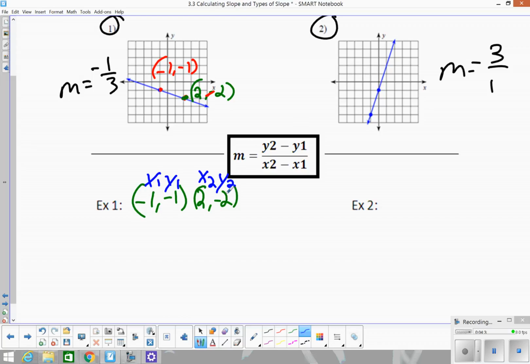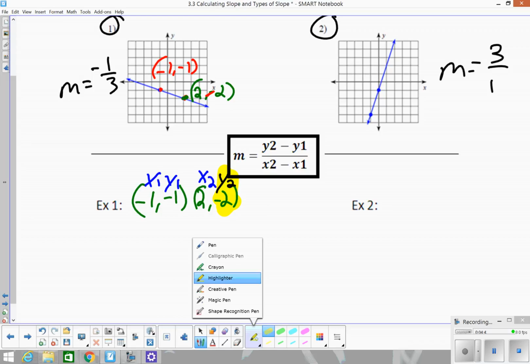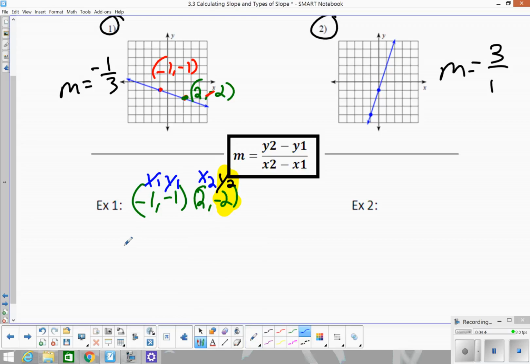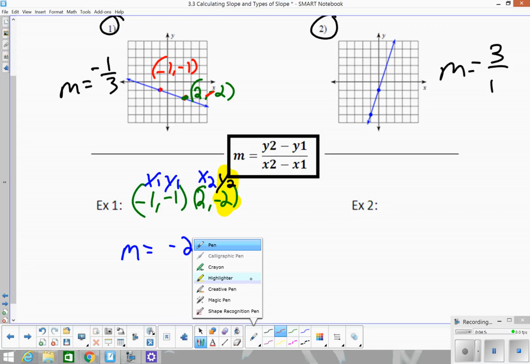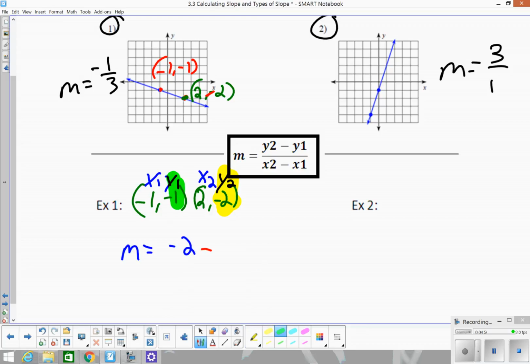It says y2. Which is my y2? My y2 is -2. So all I'm going to write is -2. So m equals -2. Now it's going to say minus my y1. What's my y1? My y1 is -1. So it's going to be minus, in parentheses, -1.